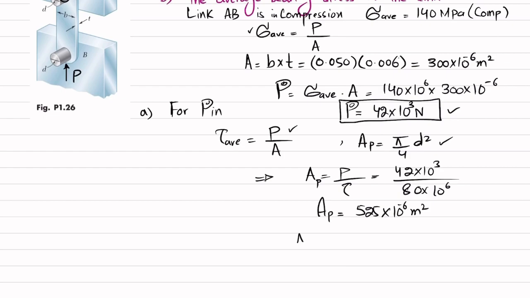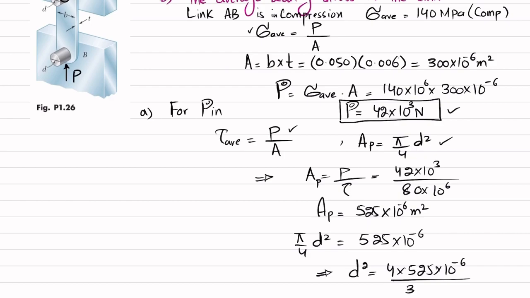Now the area of pin is equal to pi by 4 d square, and that is equal to 525 into 10 raised to power minus 6. So from here we will get d square is equal to 4 multiplied by 525 into 10 raised to power minus 6 divided by pi, which is 3.1417.